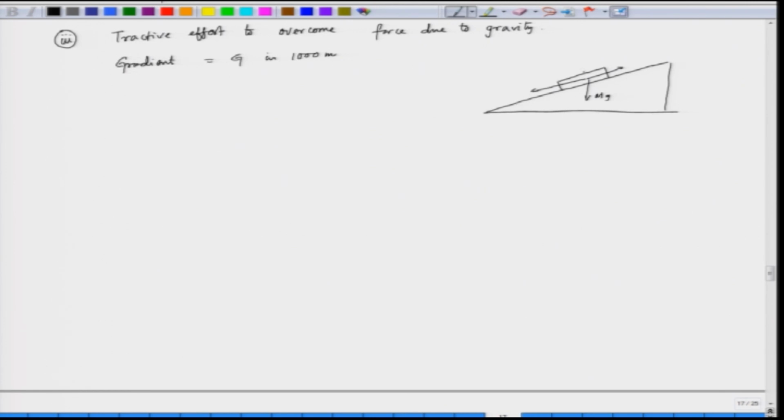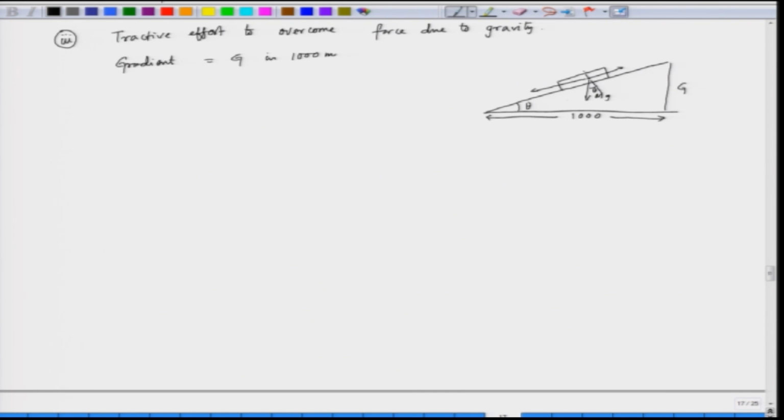So, this is the angle theta, and this theta is the same as this. So, this is our G and this is 1000. So, gradient is defined as the elevation in 1000 meters.